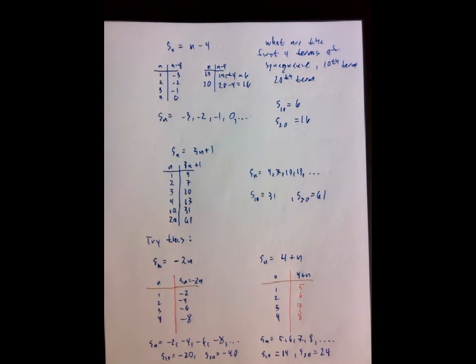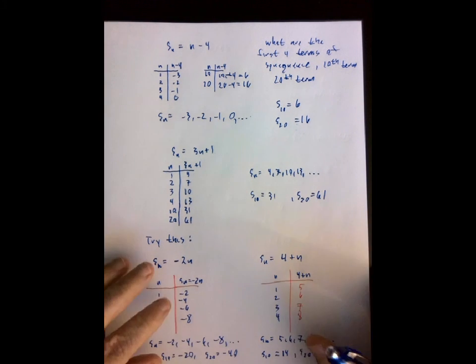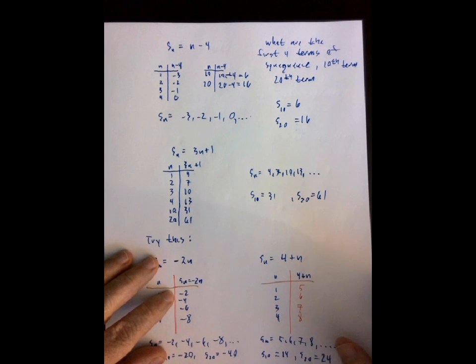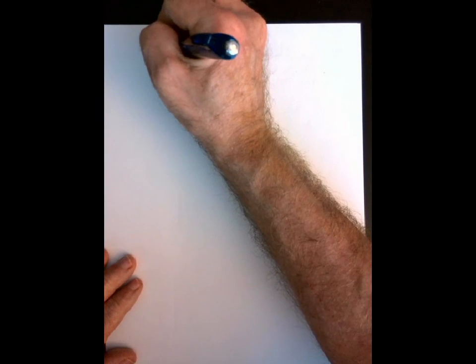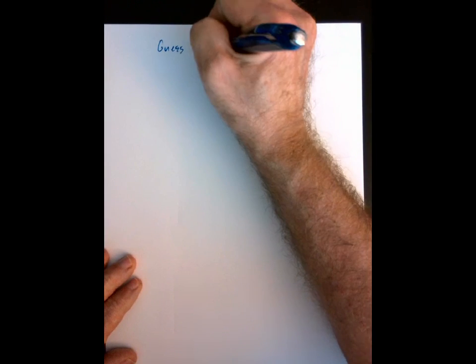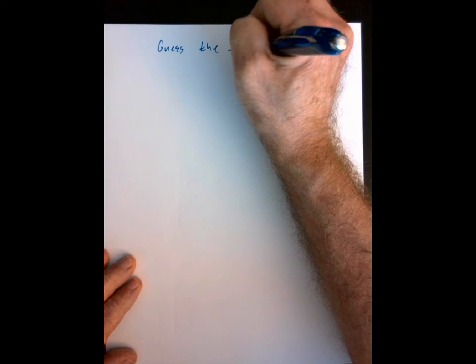Now, one thing that you can do here is, if I give you a sequence, you can try to figure out what the formula is, all right? So, for instance, if I give you the sequence, guess the formula.